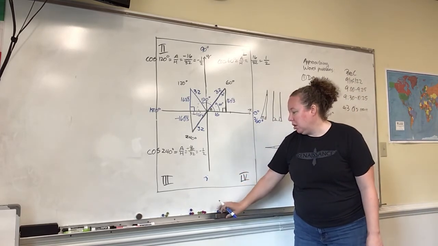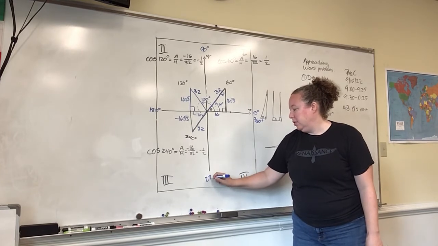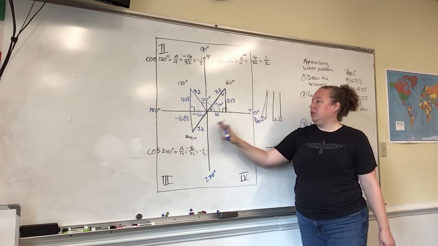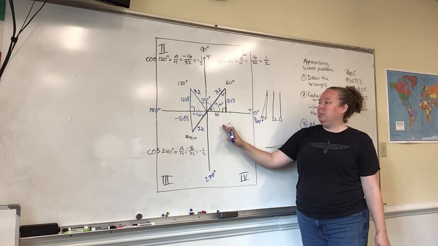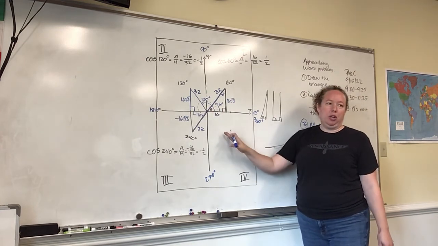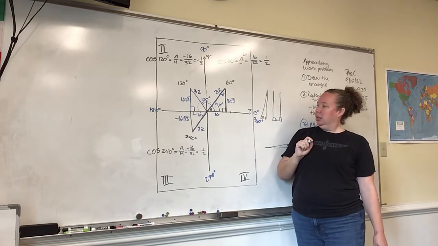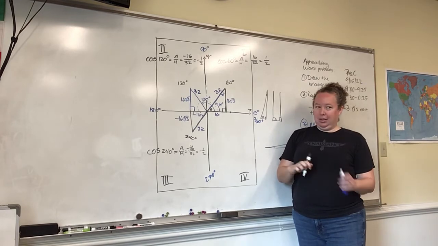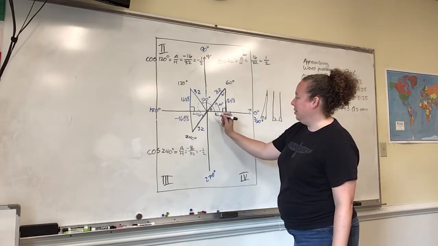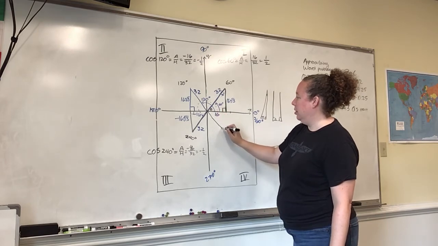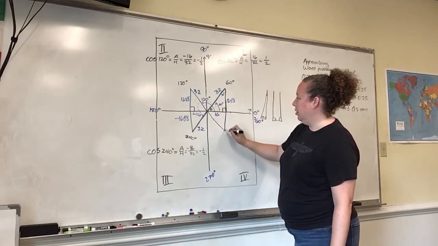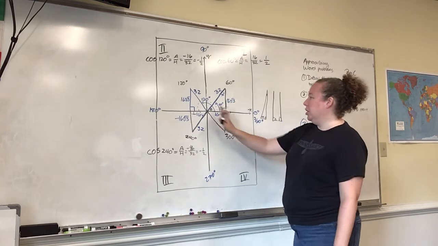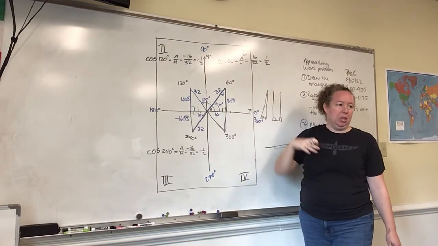Not 370, 270. But if we want to keep rotating this hypotenuse around on its hinge, where will it stop to create a reflection of this triangle again in the fourth quadrant? 300? That's right. Because we're going to stop 60 degrees short of the full 360.